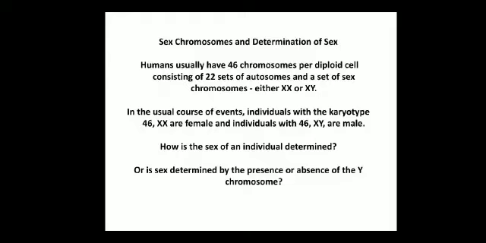So females will be having 46 chromosomes, with the sex chromosomes XX, and males will be having XY. So first we'll see how the sex of an individual is determined, or is the sex determined by the presence or absence of the Y chromosome.